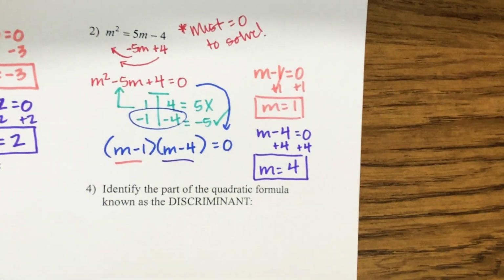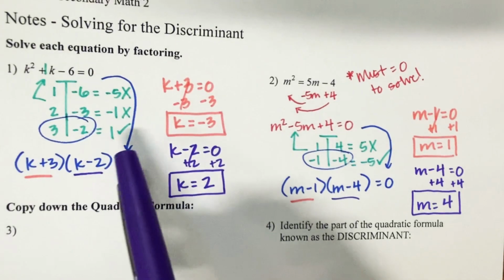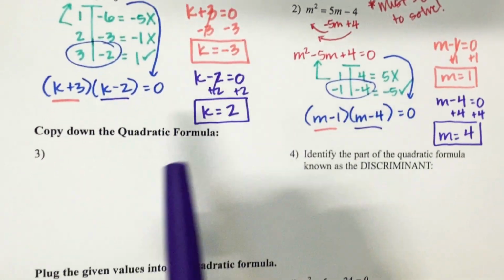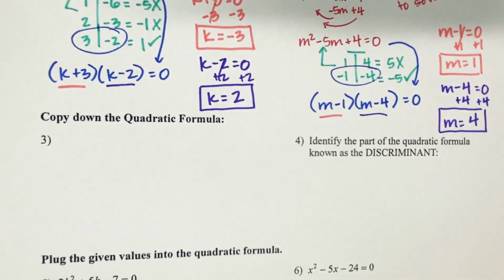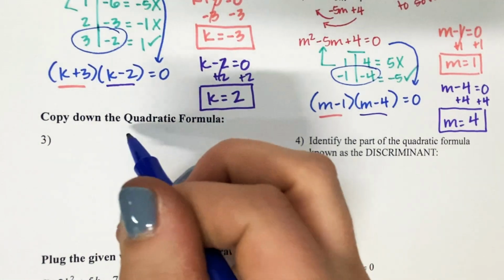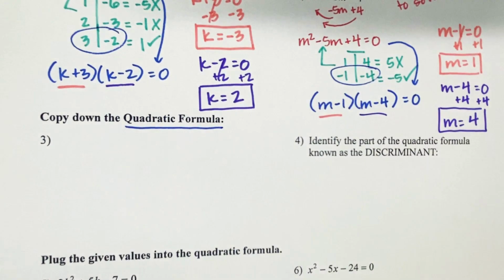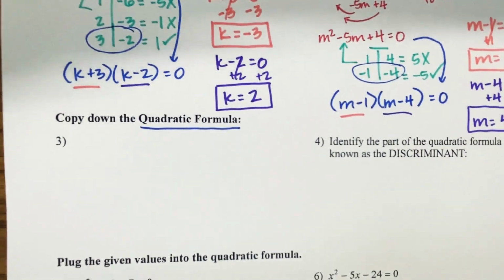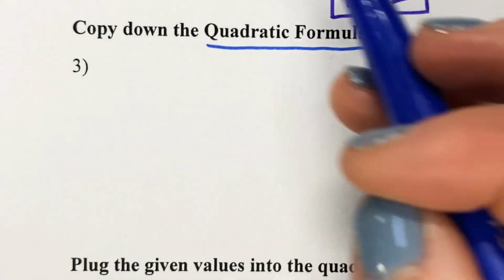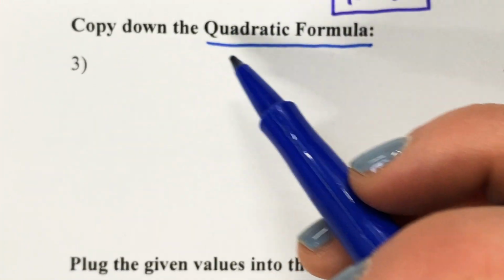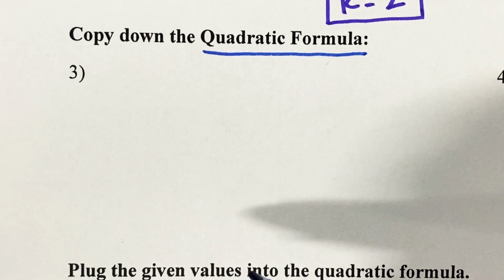So we've practiced solving quadratics with factoring. And last time I introduced you to this thing called the quadratic formula that also allows us to solve quadratic equations. The great thing about the quadratic formula is that it will always work. Sometimes factoring won't work, but the quadratic formula will always work.